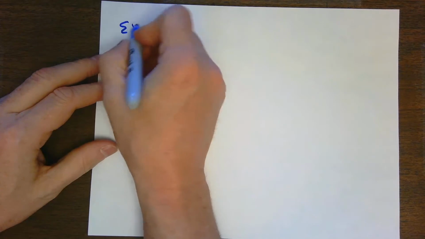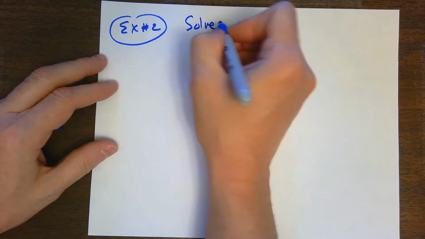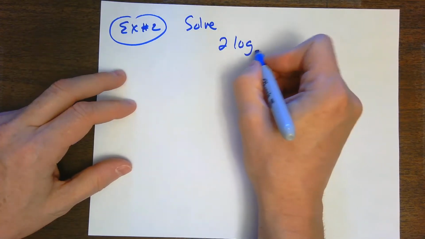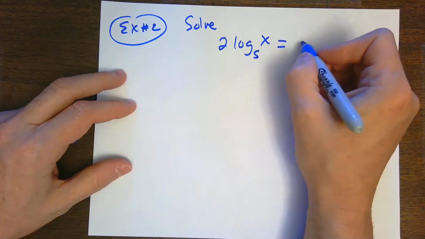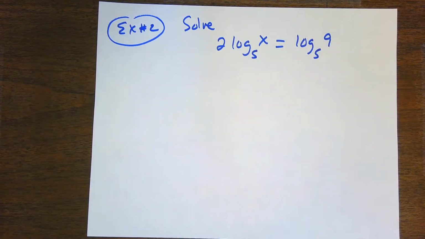Example number 2. I want to solve 2 times the log base 5 of x equals log base 5 of 9.